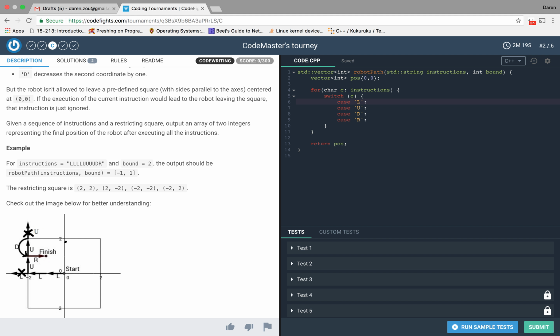To the left means 0 to minus minus. If pause 0 greater than negative bound, minus minus pause 0. Break. And the logic is almost entirely like this.